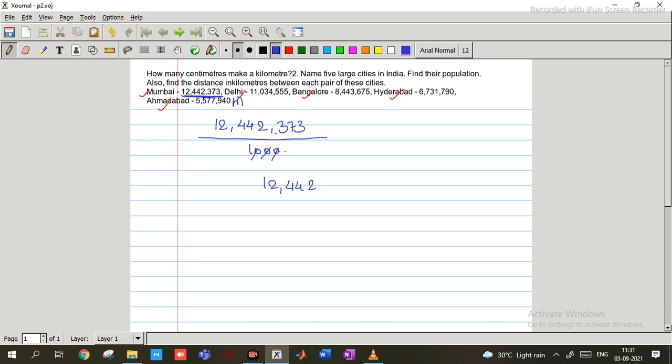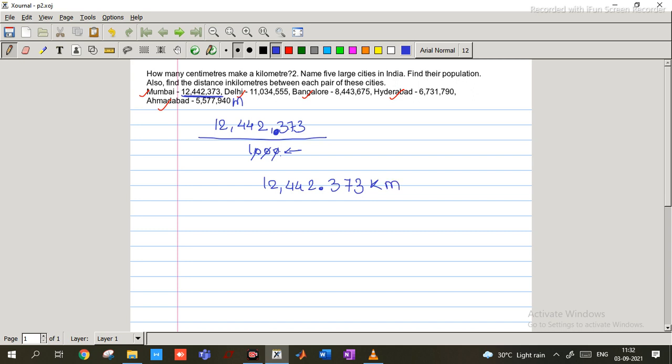As in the denominator we can see 3 zeros, we will put a decimal after 3 digits counting from the back. So 1, 2, 3, I'll put my decimal over here. So it will be 12,442.373, and this is in kilometers.